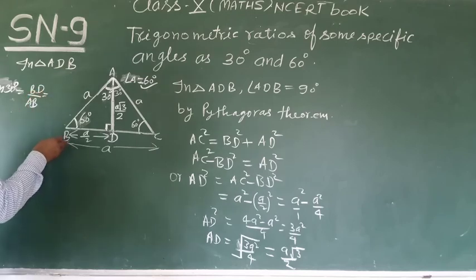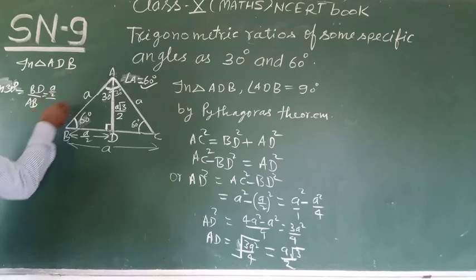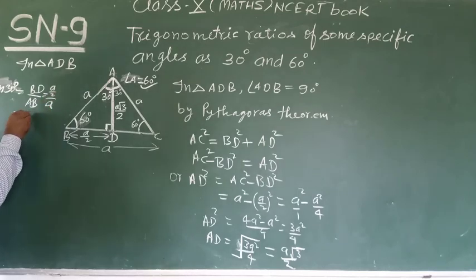Here BD is equal to A by 2 and AB is equal to A. Then we can write A by 2A. A cancels A, then we get 1 by 2.